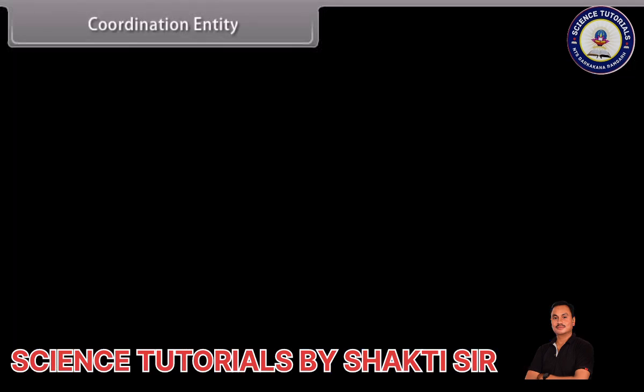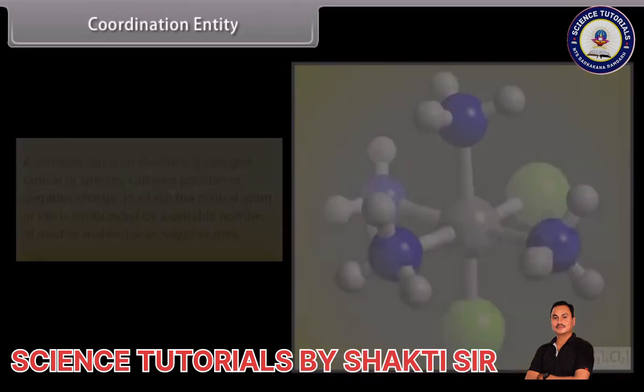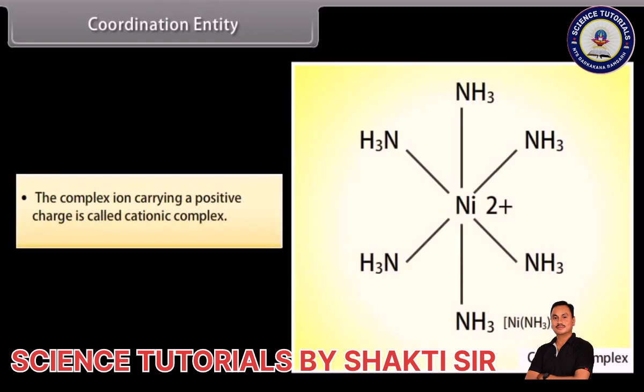Coordination entity. A complex ion is an electrically charged radical or species carrying positive or negative charge in which the central atom or ion is surrounded by a suitable number of neutral molecules or negative ions. For example, Co(NH3)6Cl2. The complex ion carrying a positive charge is called cationic complex.